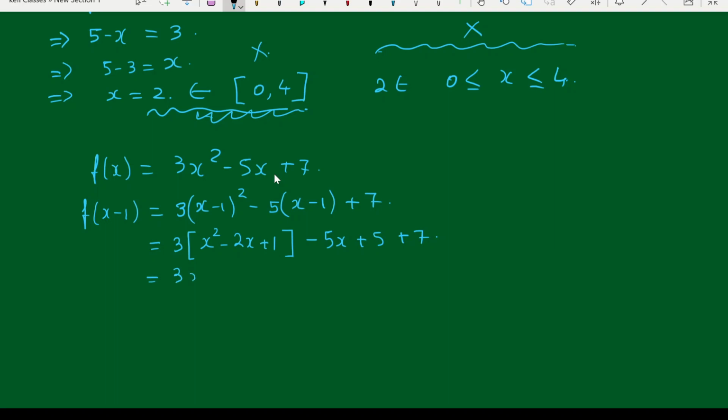This is 3x square minus 6x plus 3 minus 5x plus 12, which is equal to 3x square minus 11x plus 15.